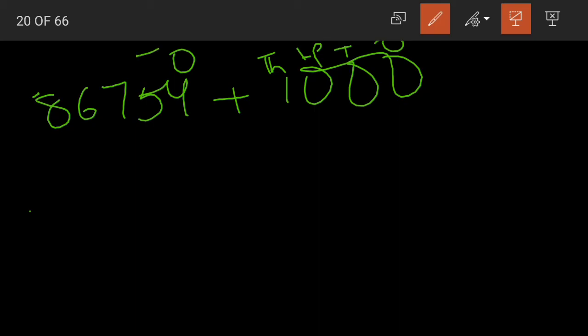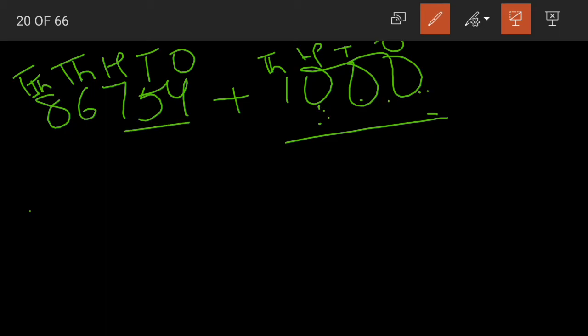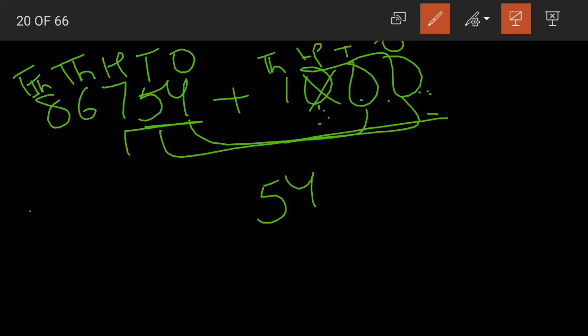Let me write here as well: ones, tens, hundreds, thousands and 10,000. Now if you look at the numbers in this 1000, we are having zeros in ones, tens and hundreds. So what will happen? Now 0 plus 4 here becomes 4 only. 0 plus 5, 5. 0 plus 7, 7 only. Yes, the digits in ones, tens and hundreds do not change.